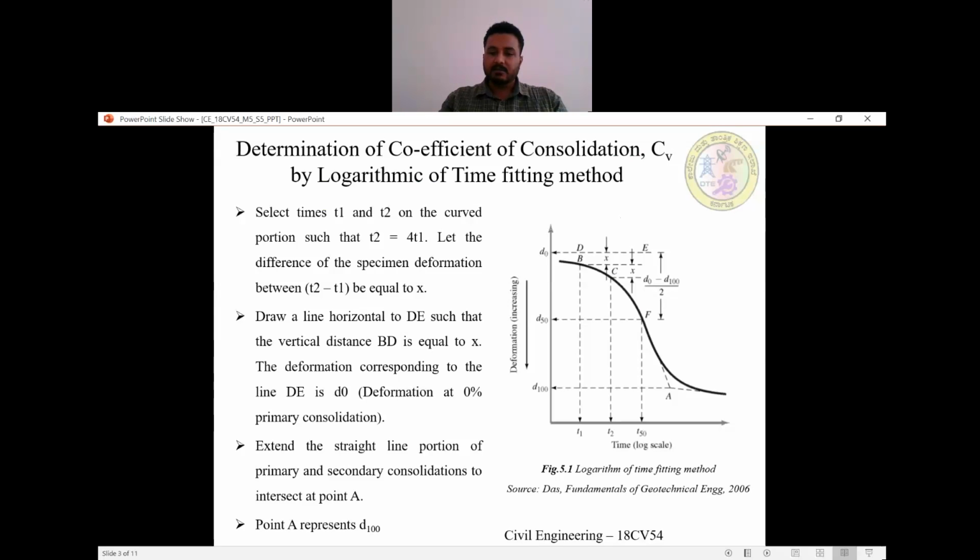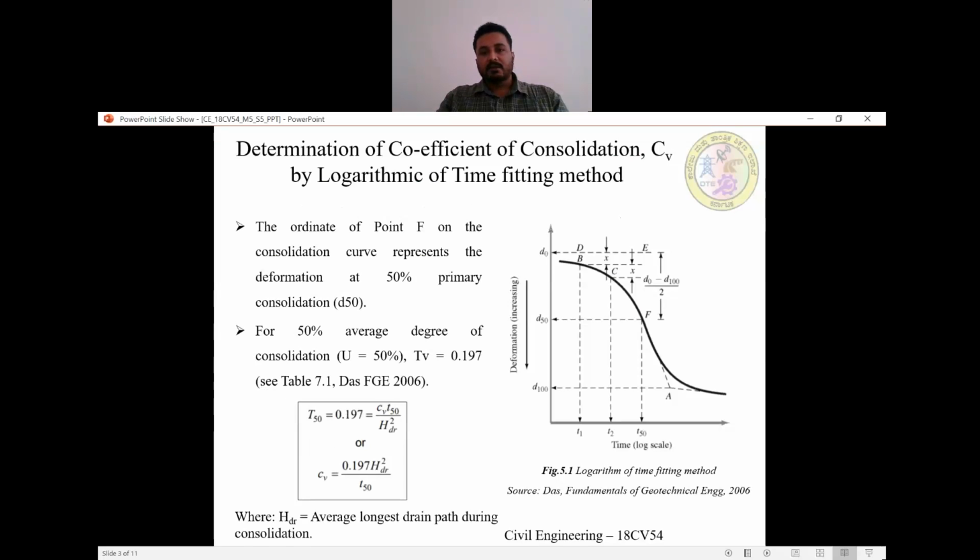So next, in order to find out the point F, that is corresponding to 50% consolidation, what we need to do is find the midpoint of the curve portion, that is from D0 to D100, because this is the portion where primary consolidation takes place.